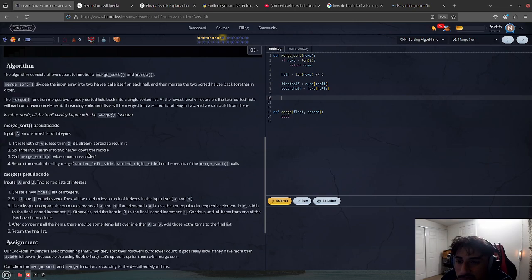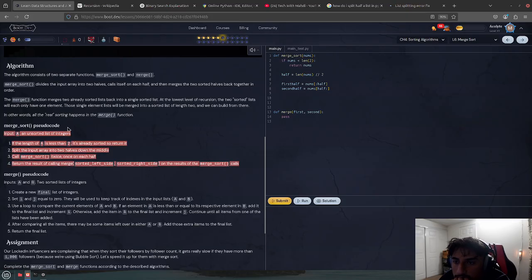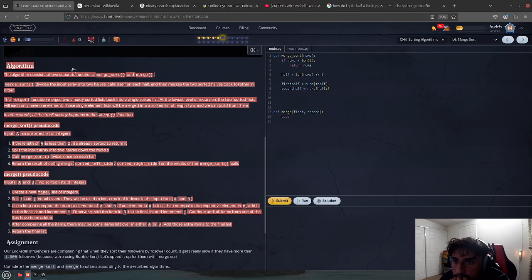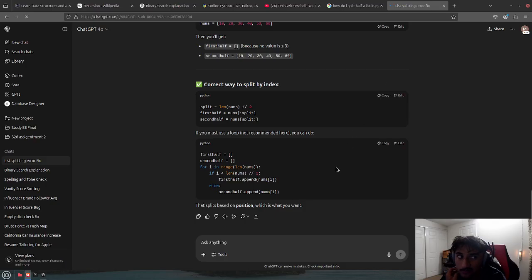Call merge sort twice, once on each half. Call merge sort twice on each half.